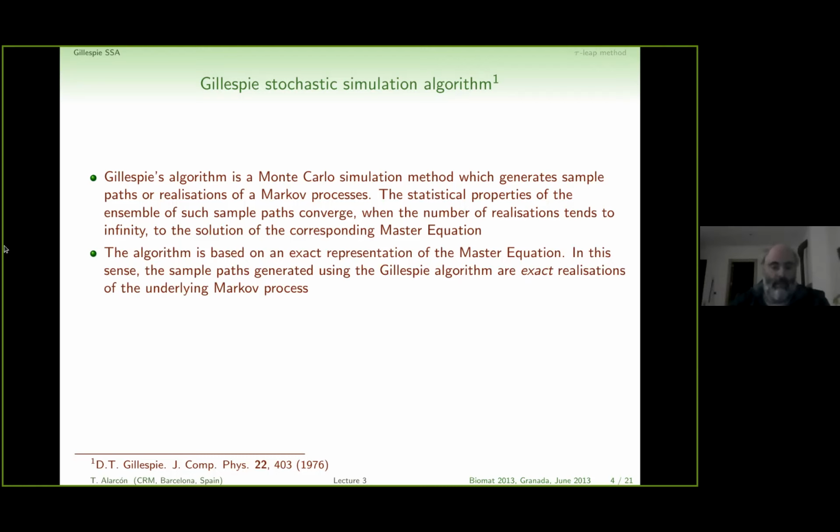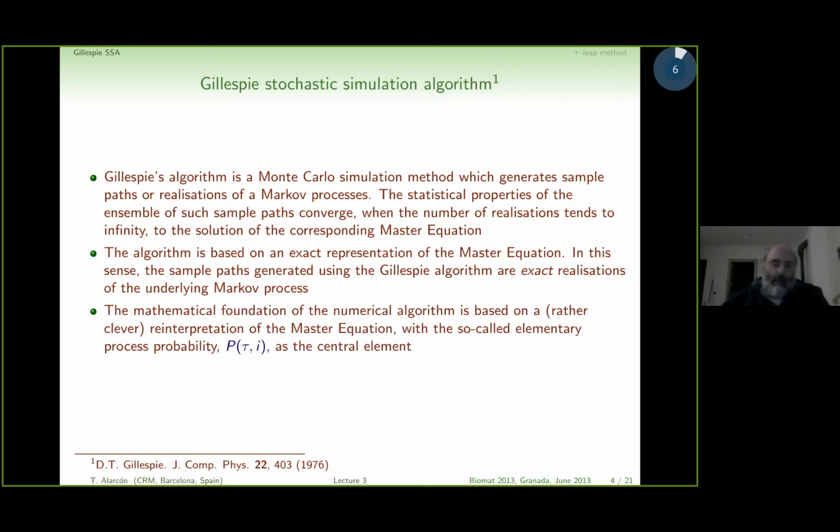The algorithm is based on an exact representation of the master equation. The mathematical foundation for the algorithm is based on a reinterpretation of the master equation, where we try to find an expression for this quantity here, which we call the elementary process probability.